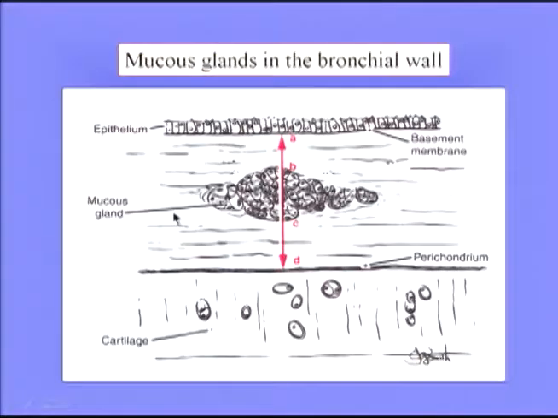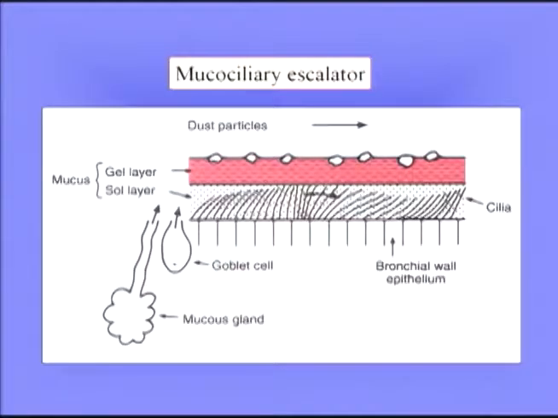So this is the normal appearance of mucus glands in the airway wall. And just to remind you of the function of mucus, of course, the mucus is deposited onto the airway wall and swept along by the mucociliary escalator, and that's the way in which dust particles are removed from the lung.